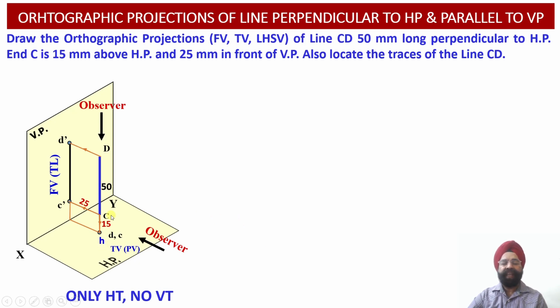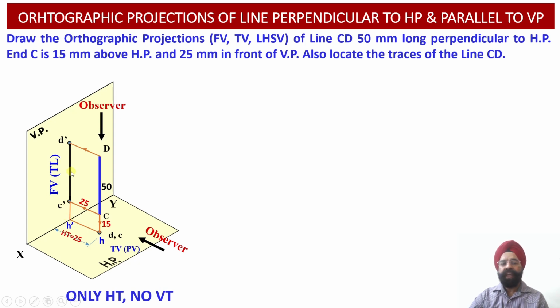This point will be represented as H, and the horizontal trace will be the perpendicular distance of this point of intersection from the XY reference line. So from this point H, we draw a perpendicular onto the XY reference line, and this distance will give us the horizontal trace of the line.